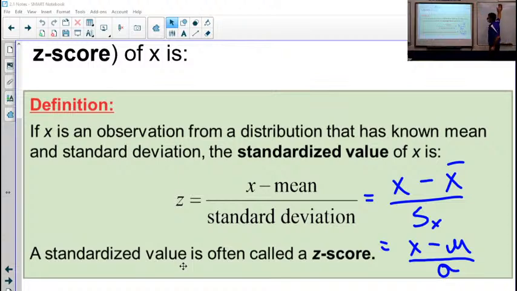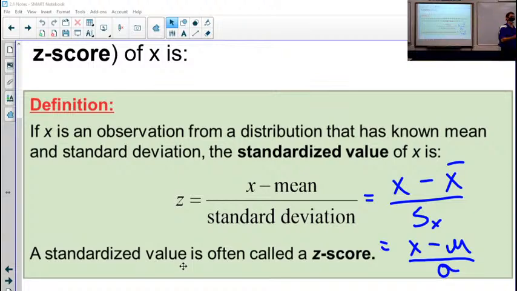The main thing we're going to talk about today is a central part of this chapter, which is calculating a z-score. Percentiles are a good way to compare how you are relative to a certain set of data, and the z-score is going to give an even better comparison to the mean.